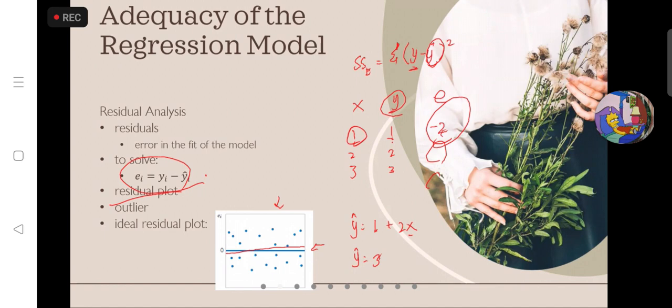So if our residual falls very far from our residual plot, for example naa siya dinhi, naa siya dinhi, if it's very far from our average or our residual plot, these points are called the outliers.